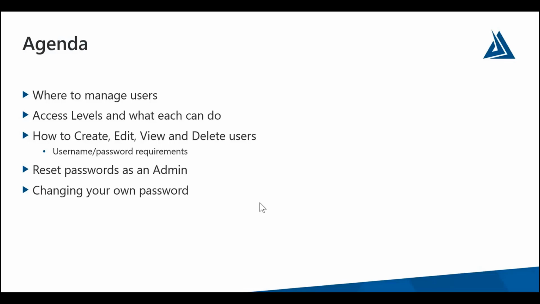One of the things we'll cover is the username and password requirements. We'll also go through how, as an admin, you can reset passwords. As a matter of fact, you can do it in bulk, and we'll show you how to do that. And then we'll finish with editing your own profile. So how do you change your own password? How do you configure your notifications and things like that?